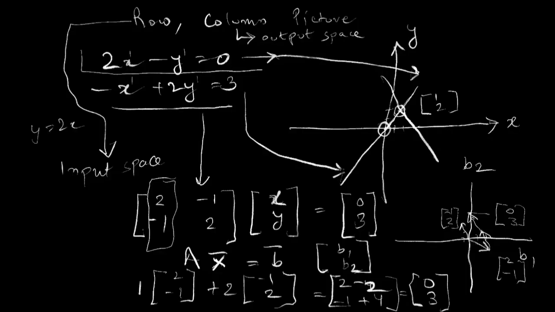Now, this matrix A in linear algebra is not just converting one point into another point, as it seems to be the case here, because we can take many points in this space.